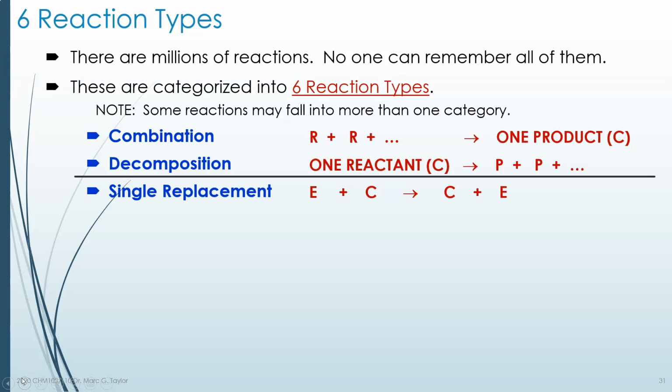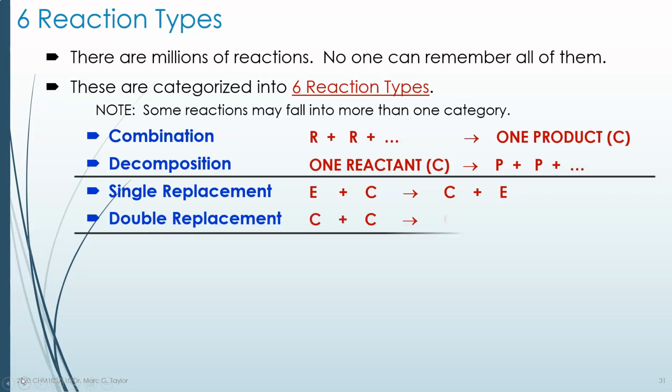And the product will be a new compound and a new element that was derived from the first compound. So you're going to look for that pattern of element plus compound makes a new compound and a new element. And it's very easy to spot that way.